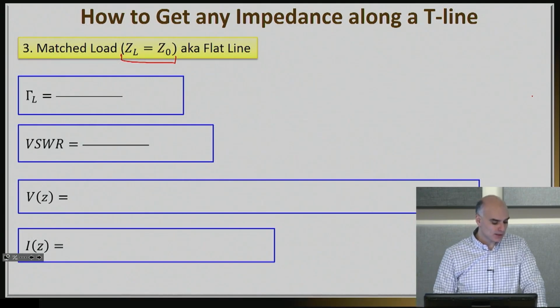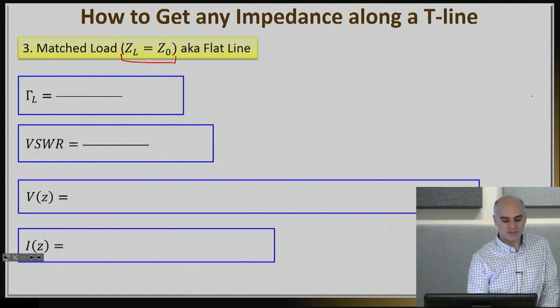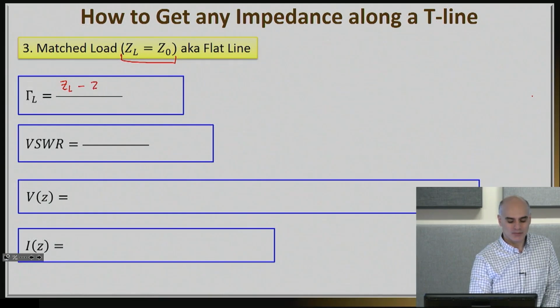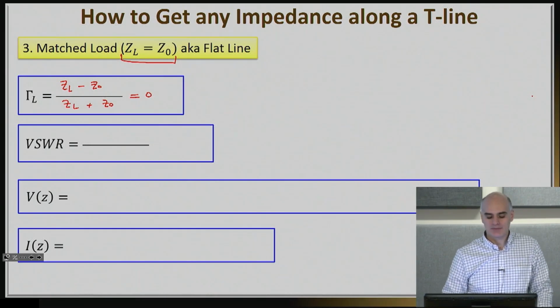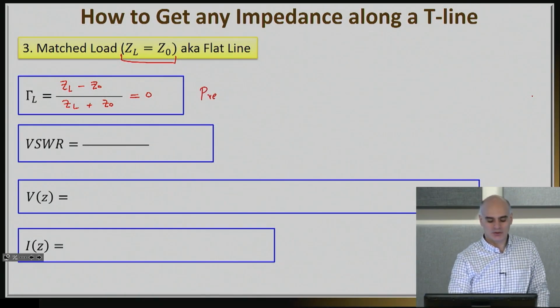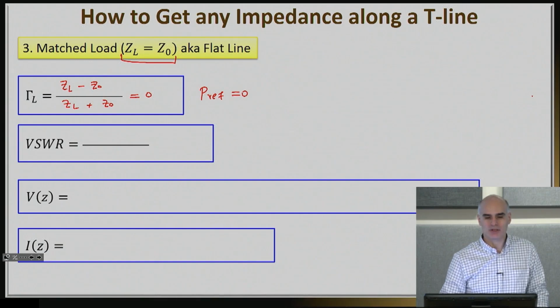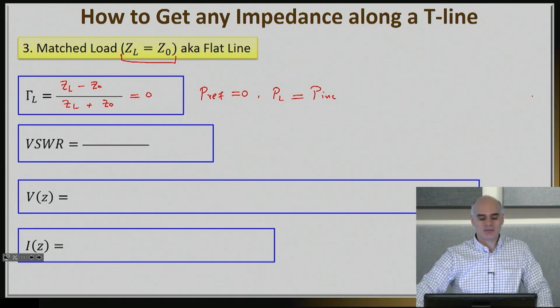So when my ZL is equal to Z naught, my gamma L, which is ZL minus Z naught over ZL plus Z naught, will basically equal 0. This is fantastic because it means that the reflected power will be equal to 0, and the power that the load will consume will be equal to the incident power. So no reflected power.